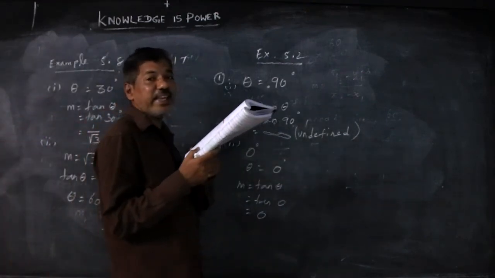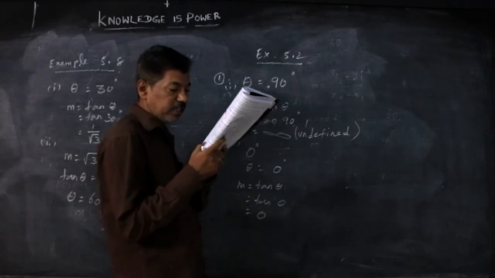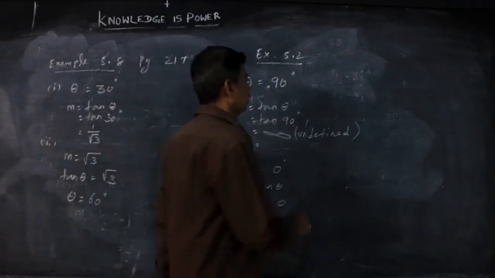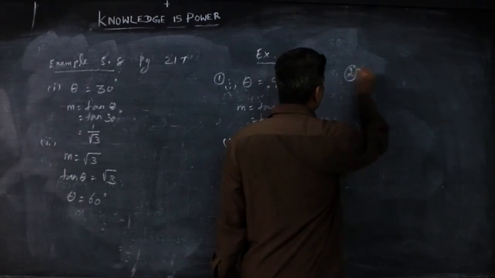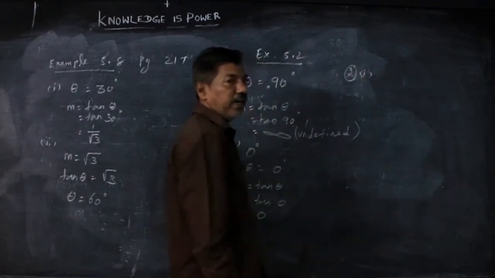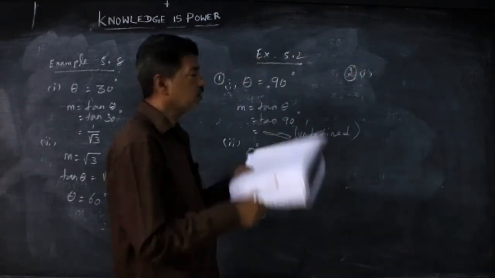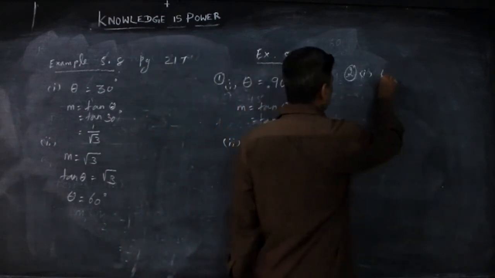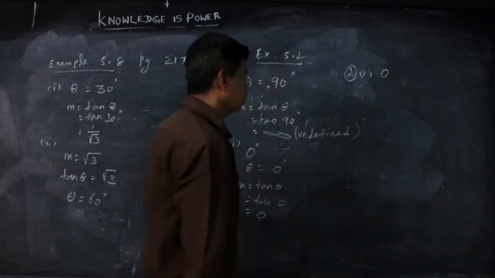What is the inclination of a line 0 and 1? Second, first one. What is the term given? 0. First question is given as 0.